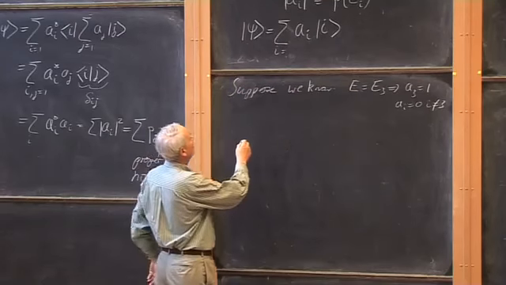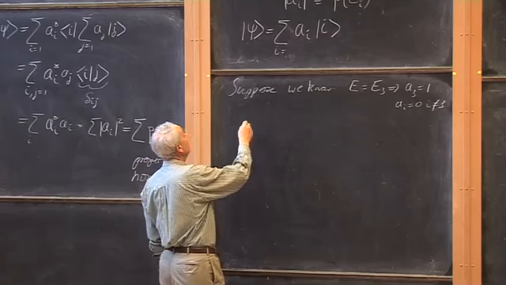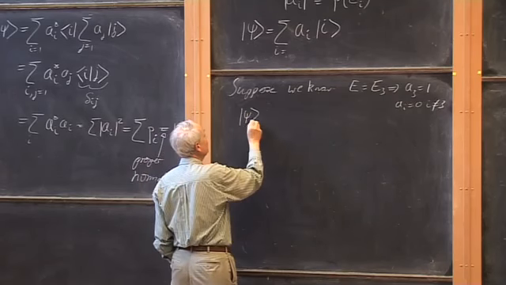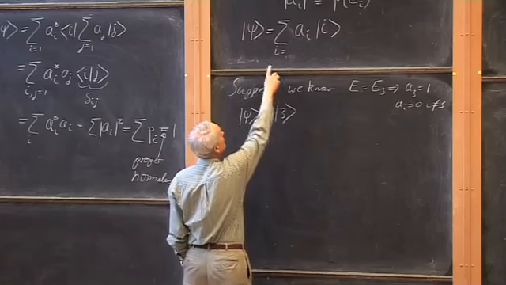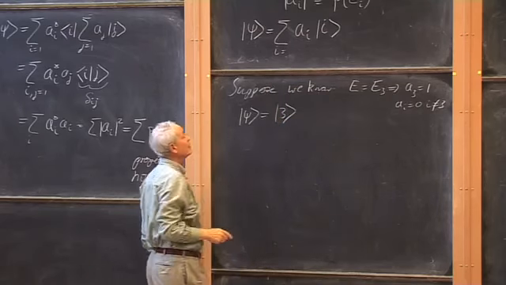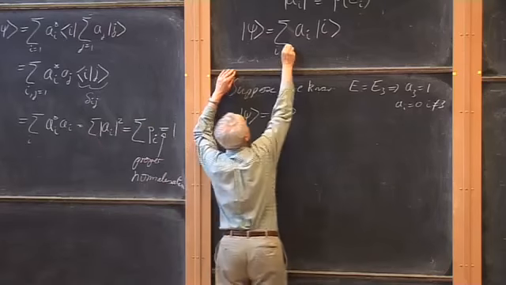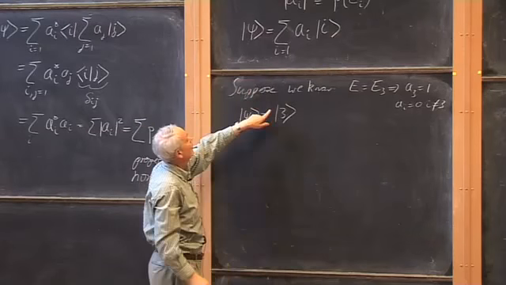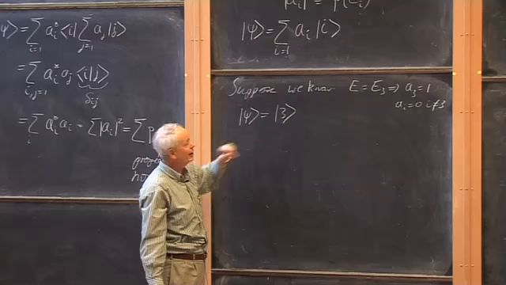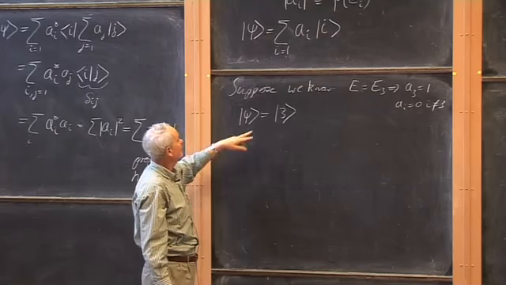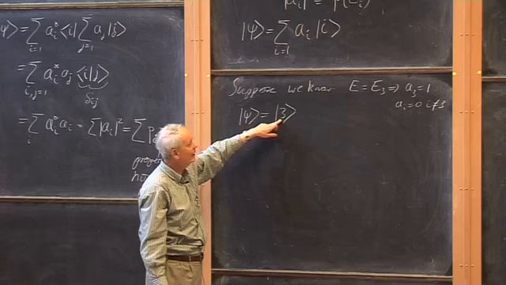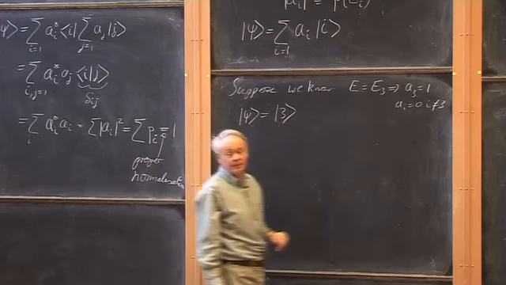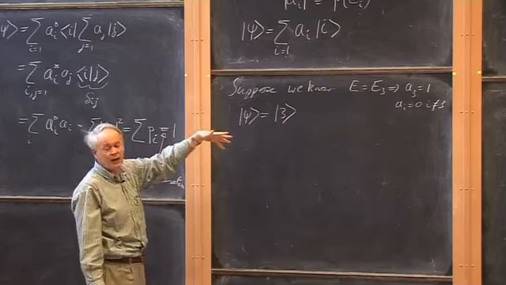And what does that mean? That means that psi, the state of our system, is actually equal to |3>, because in this sum, there's only going to be one non-vanishing term, and that will be A3, namely 1 times |3>. So that tells us that this state |3> is actually the state of definitely having energy E3, and similarly for all the other ones.